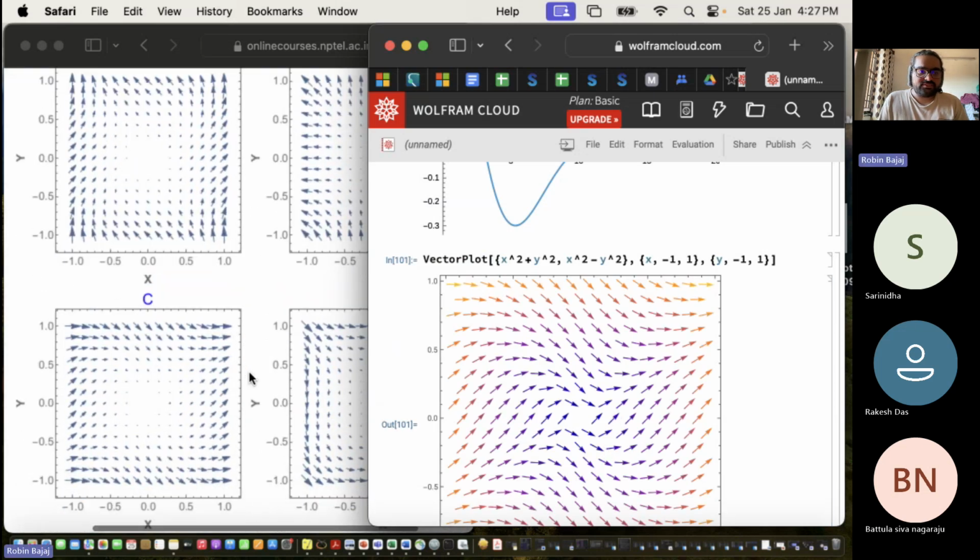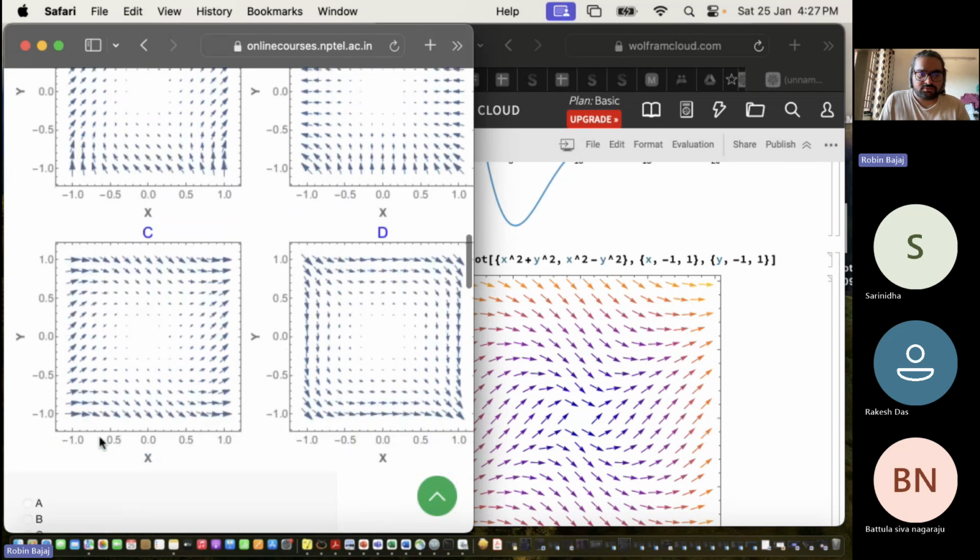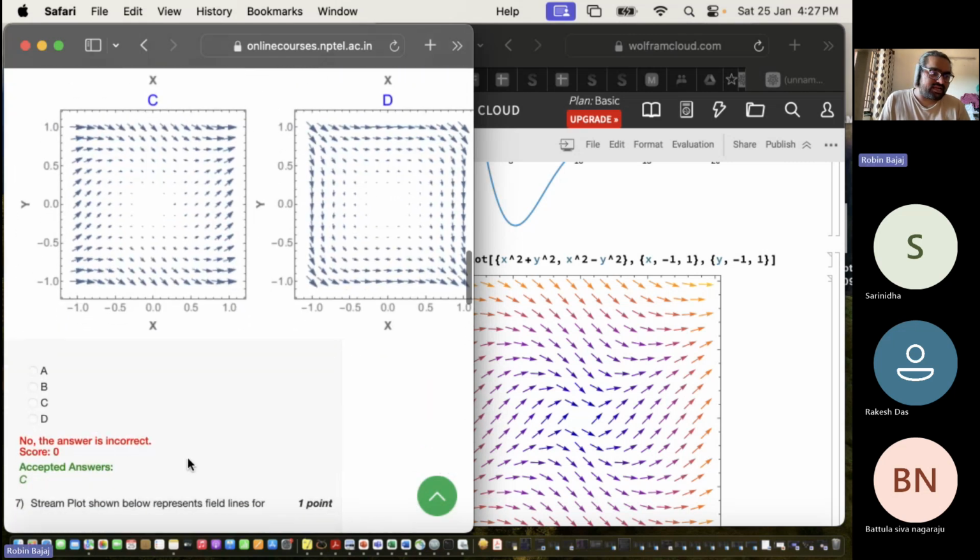Okay, which one looks similar? Now we can actually see this is like this and then going like this, coming back like this. Then it is going like this. I think this is the C option. Yeah, C is the correct option.